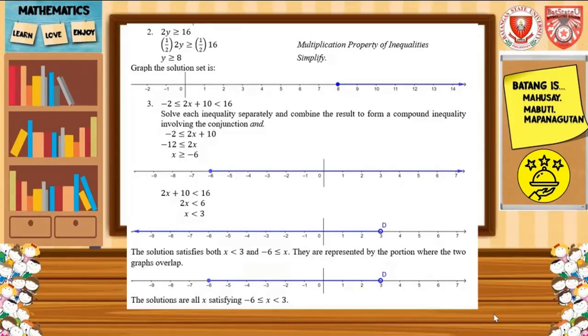Here is the solution that satisfies both x is less than 3 and negative 6 is less than or equal to x. Then the representation of the portion where the two graphs overlap will be the graph or the solution set of the given linear inequalities.